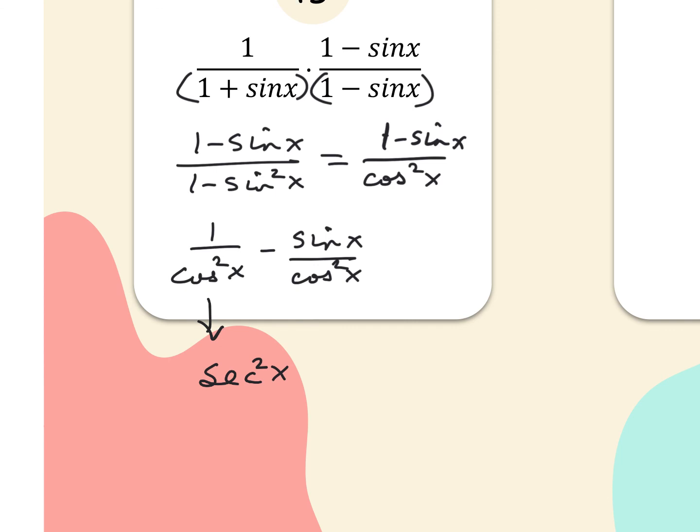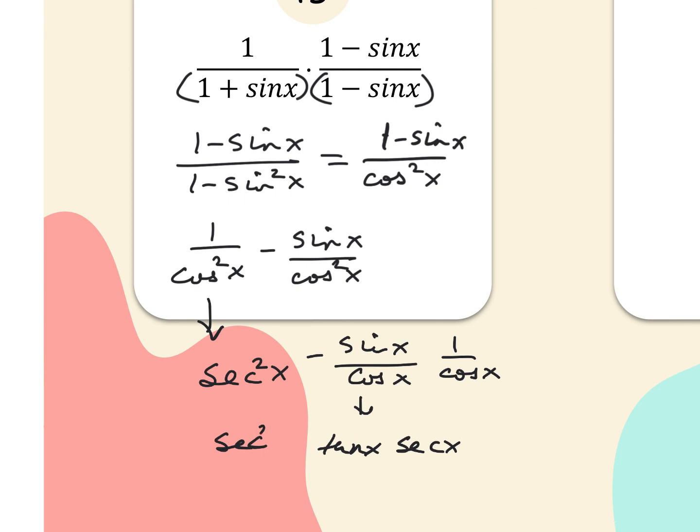And then this I can actually pull apart and make it sine x over cosine x, and then 1 over cosine x, and then turn this into tangent, turn this into secant, and then this one stays here. Now this time we did keep a subtraction sign.